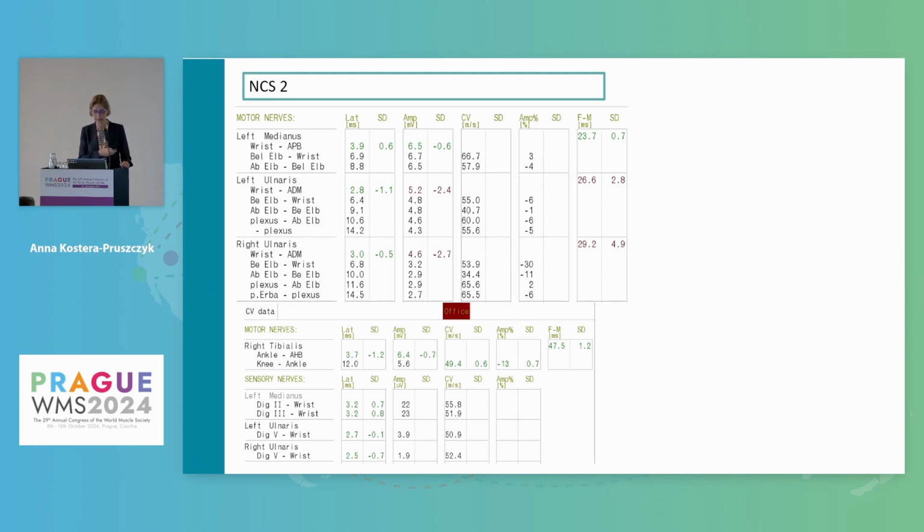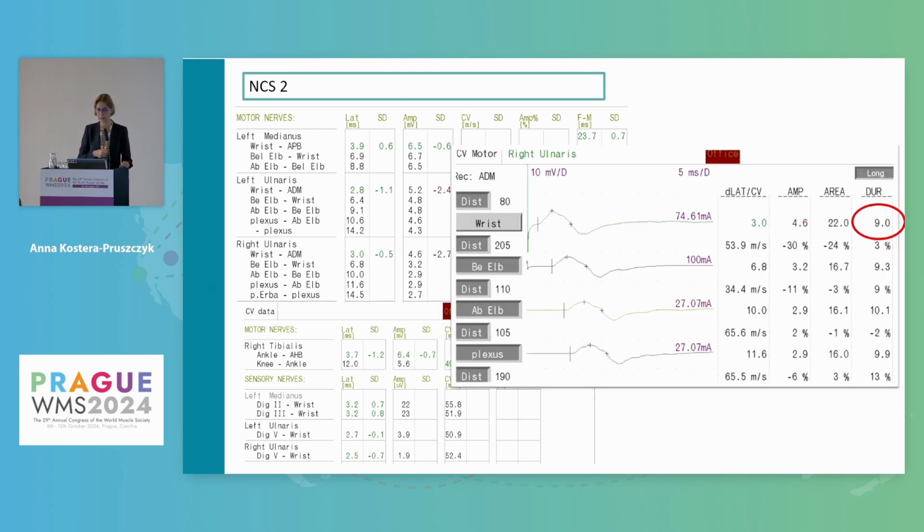And as you can see, again, it does not seem to be much in this part of the report, but when we look at the duration of the CMAP of her right ulnar nerve, it's increased and it already meets the diagnostic criteria for focal demyelination. So it is quite a good argument for CIDP in her.